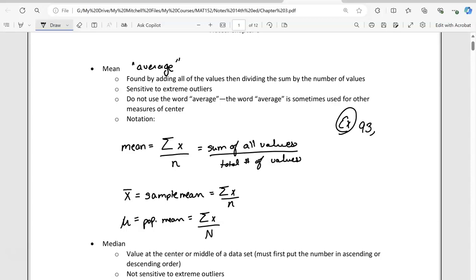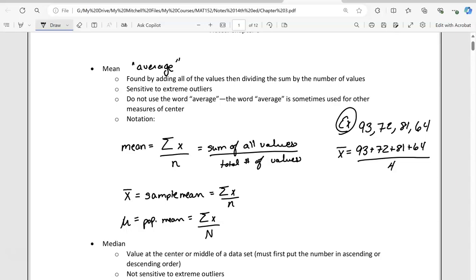Maybe we have a 93, a 72, an 81, and a 64. And we want to know our average test grade. So those are test grades. We're going to add them up. And we're going to divide by the total.